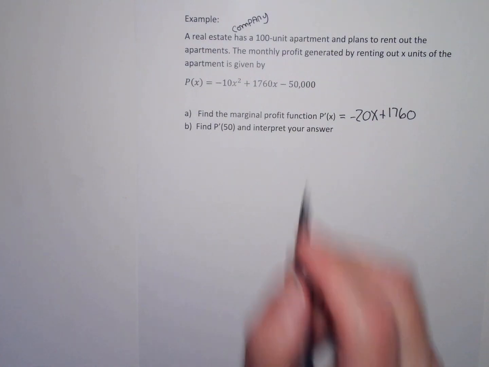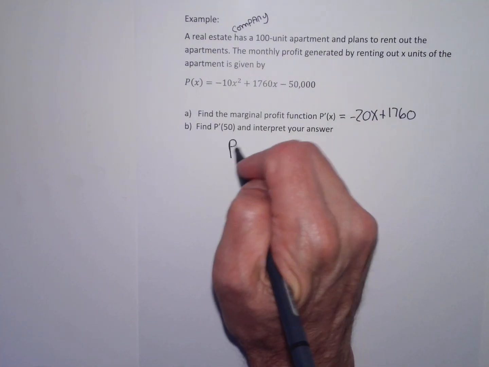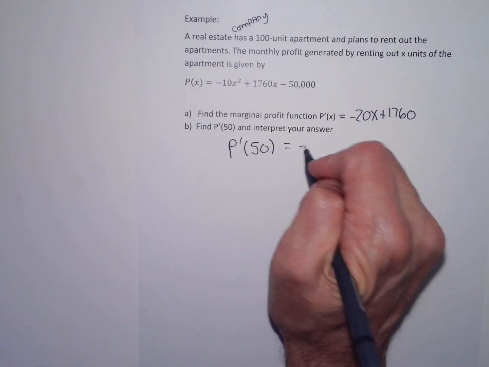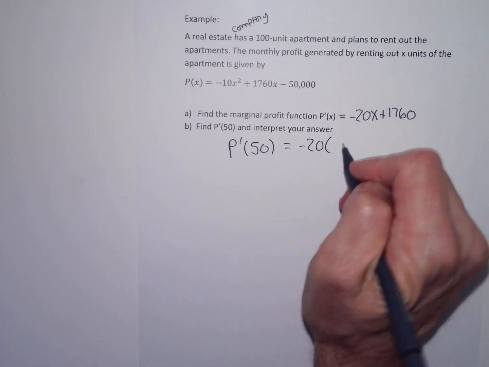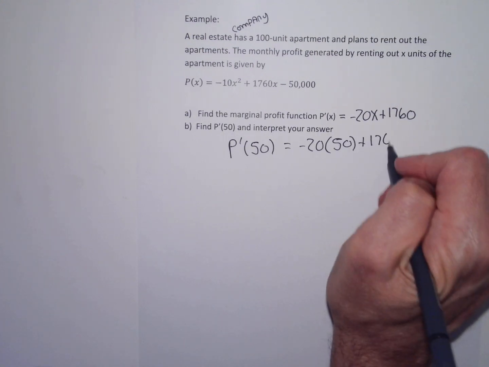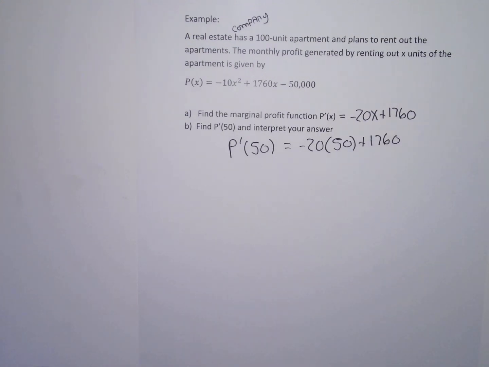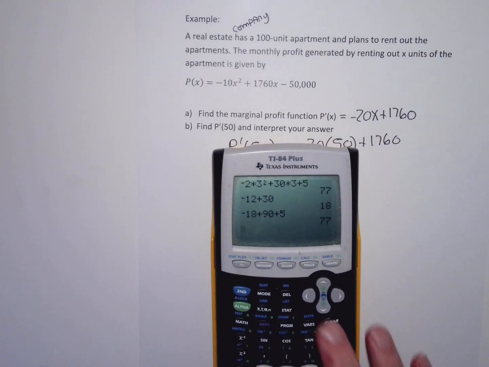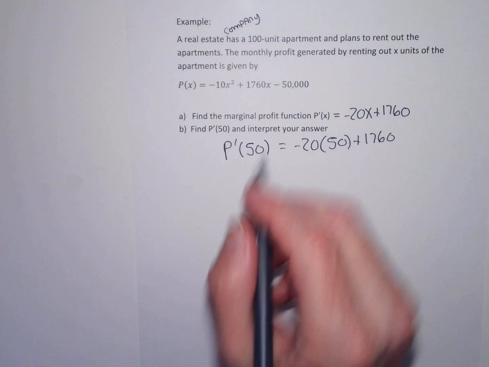Part B, take 50 and plug it into the marginal profit function and interpret my answer. So I'm going to plug 50 in and get negative 20 times 50 plus 1760. And when I plug 50 into the marginal profit function, I get $760 in this case.